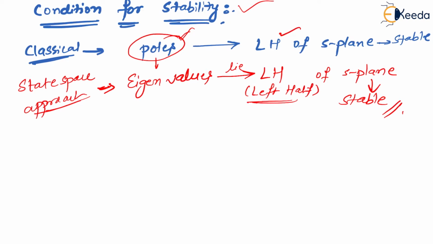So whatever things we have already learned, those same things are applied here, right? Now let us try to apply this stability condition to some practical systems, to some practical matrices.